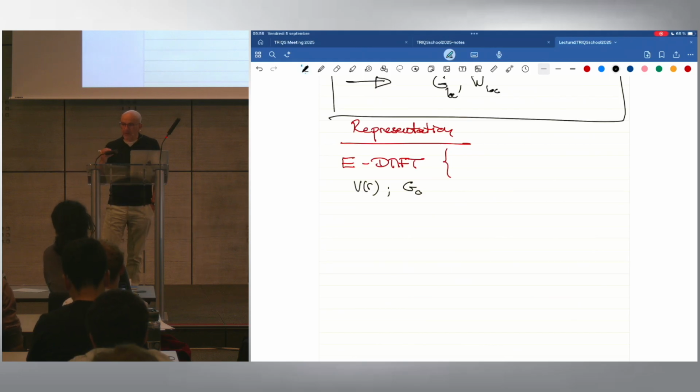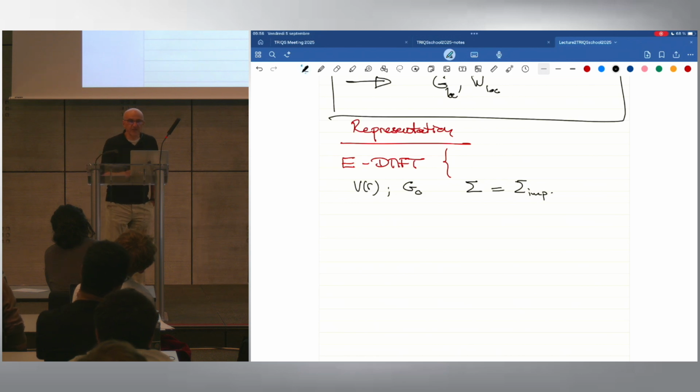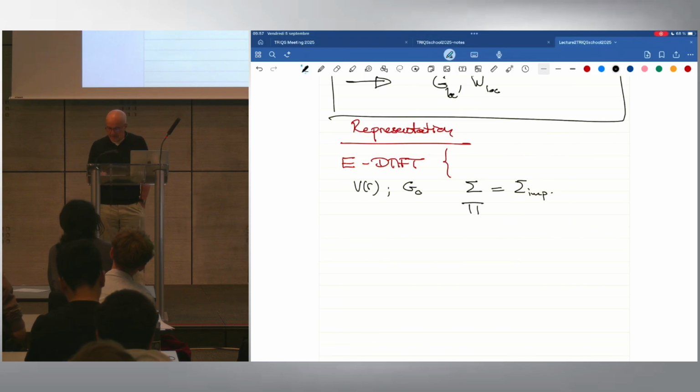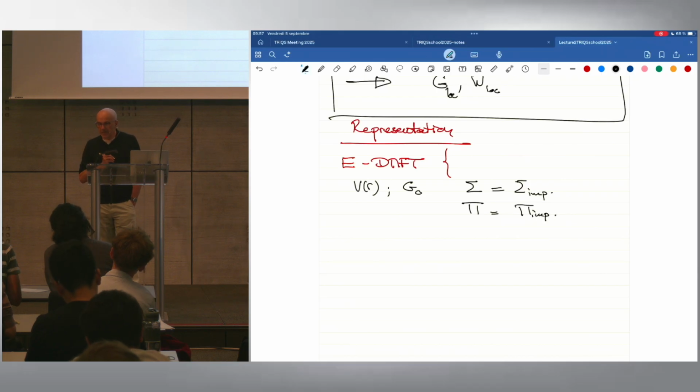And we're going to make the locality assumption that sigma of the whole problem, of the whole lattice, is equal to sigma impurity. And at the same time, we're going to make the same assumption for the self-energy associated with W, which is the irreducible polarizability pi. So we're going to assume that the polarizability pi is pi of the impurity problem. And this will allow me to close the equations.